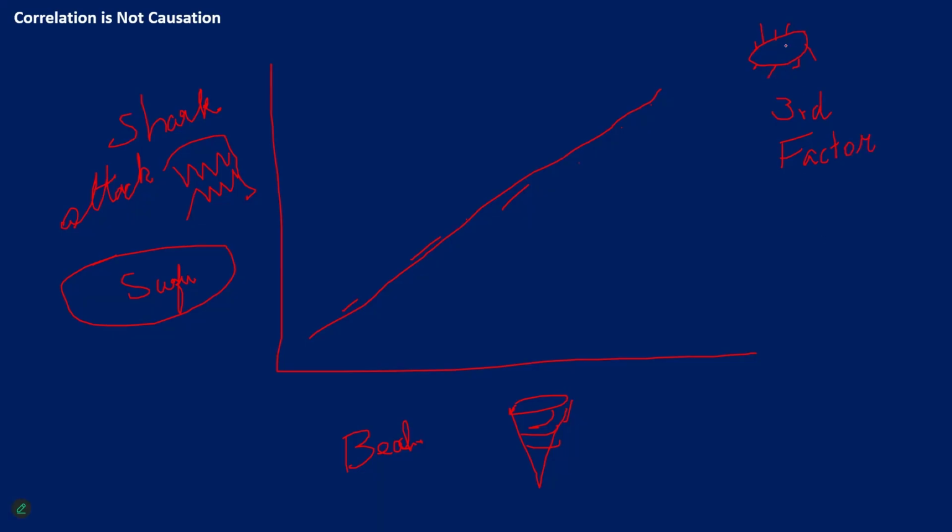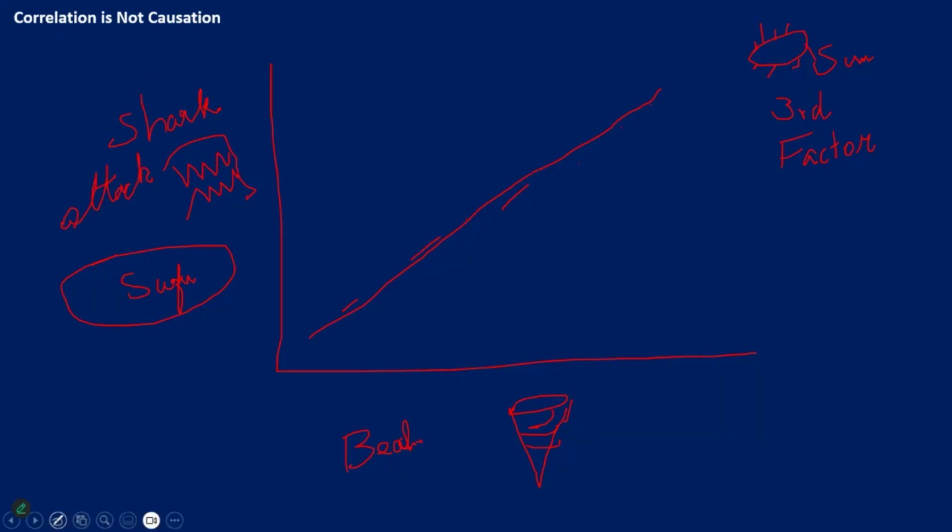As it is summer season, everyone goes to the beach, they buy ice cream, they go for surfing. But definitely this is not the cause for the shark attack. So this relation that we see here is not the cause. You got it?